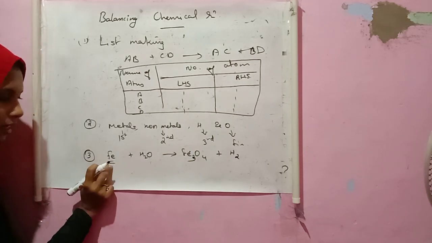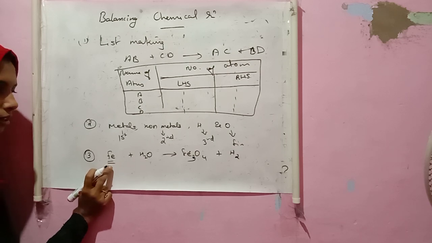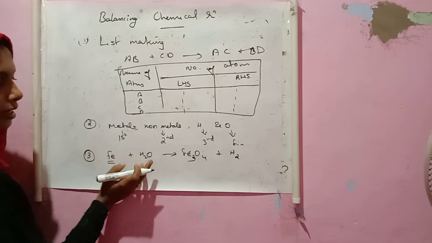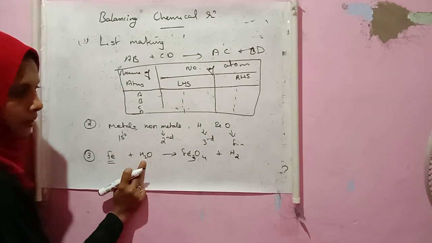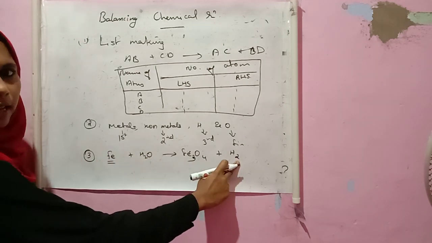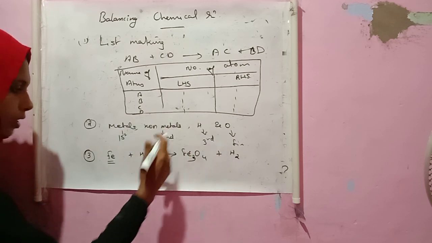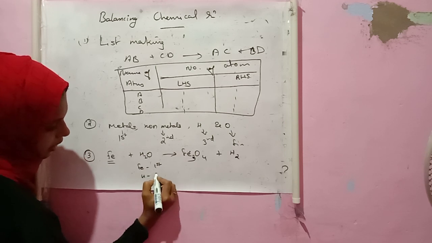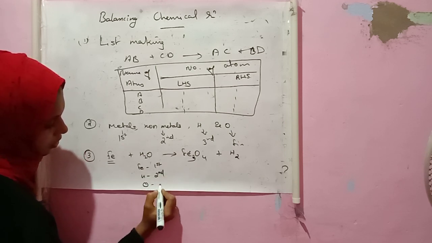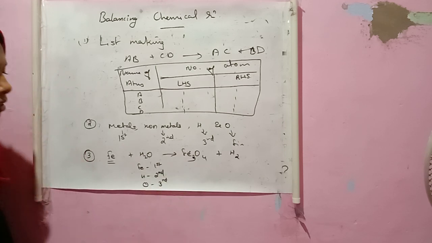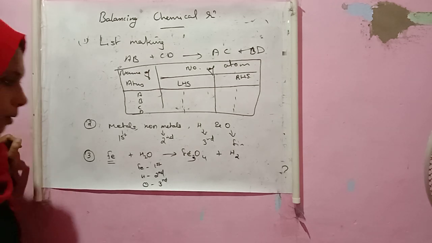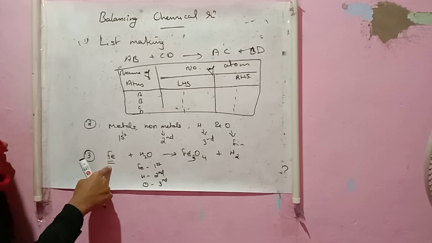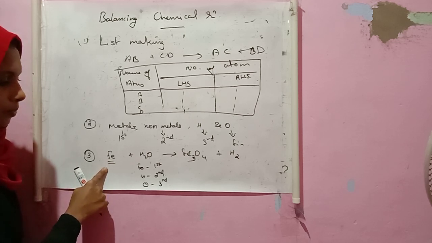Look here, iron is in single or elemental form on the LHS side, and hydrogen is in compound form on the LHS and elemental form on the RHS. Our order is iron first, hydrogen second, then oxygen third. But we are checking the form: iron is in elemental form.